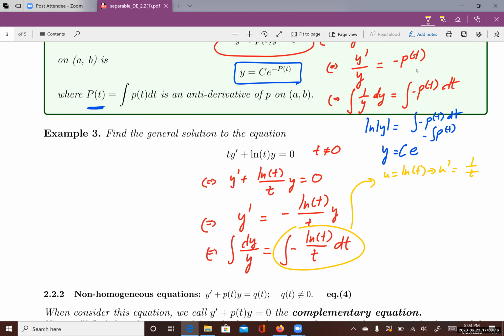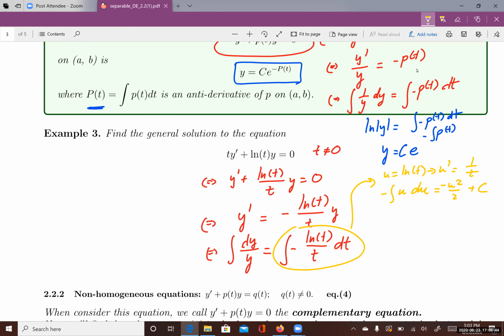And then you can rewrite this integral in terms of negative u times u prime, which is u du. And then the integral of u du is just u squared over 2, plus c, where u again is natural log of t.